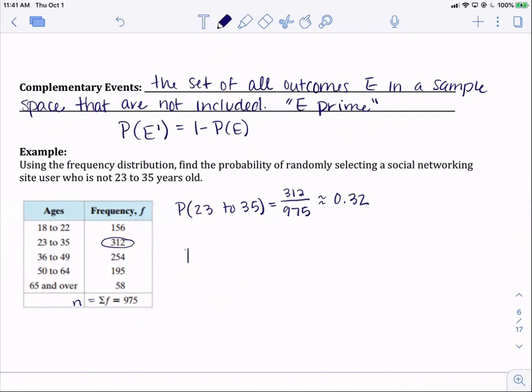So then the probability of not 23 to 35 equals 1 minus that 0.32, which would be 0.68. So you're just subtracting. Okay, let me stop recording that.